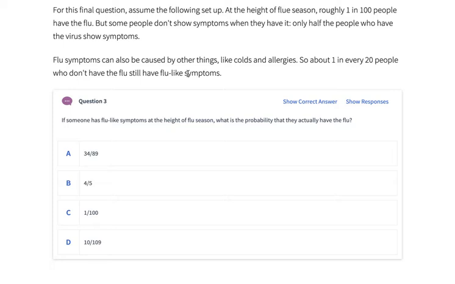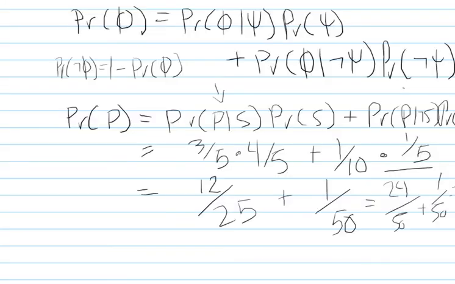Okay, so now I'm going to flip over to writing out the answer. All right, so let me first write out the information that we took from the setup.